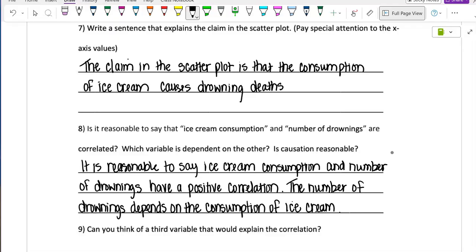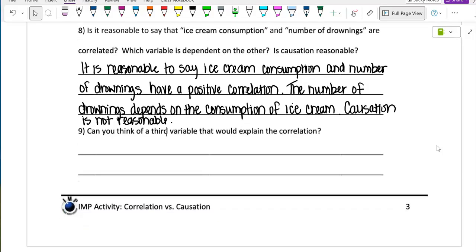Does eating ice cream cause more people to drown? So causation is not reasonable. Can you think of a third variable that would explain the correlation?